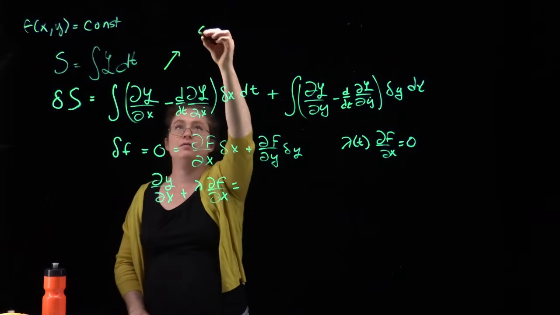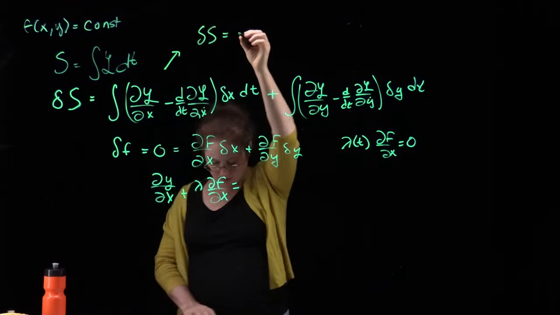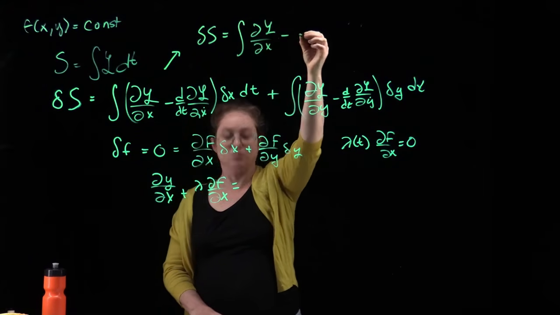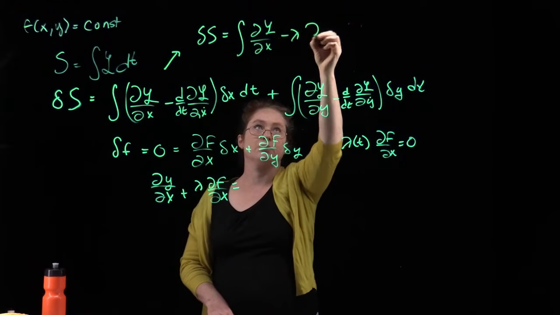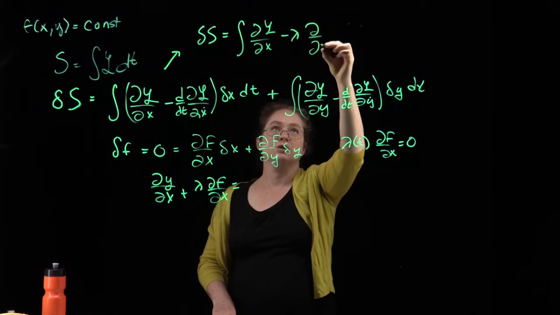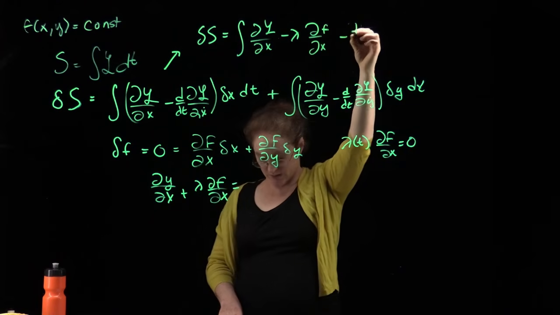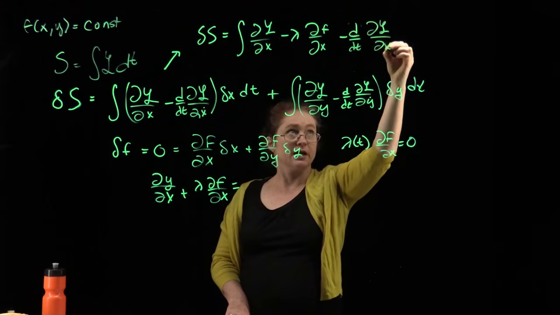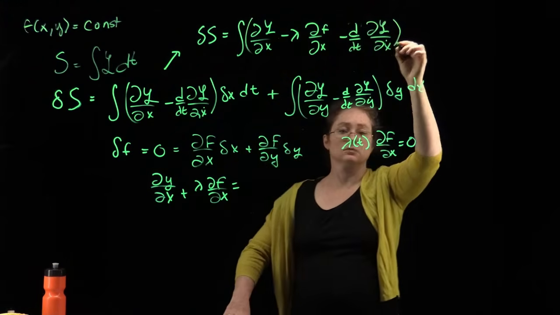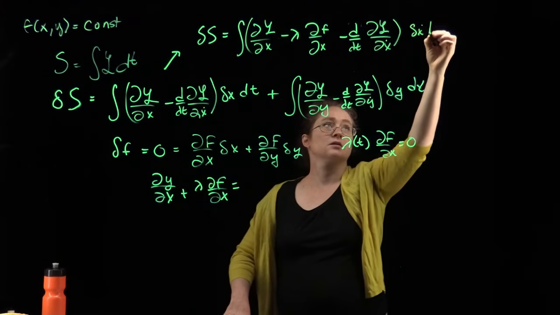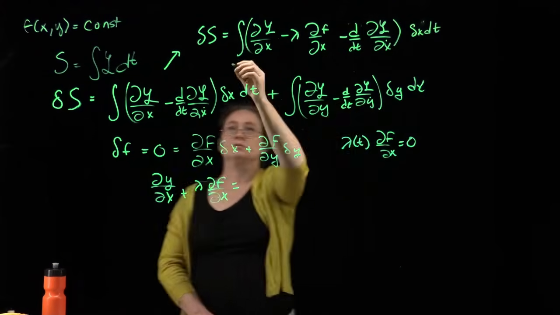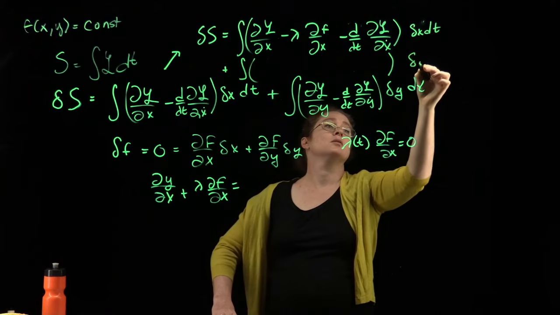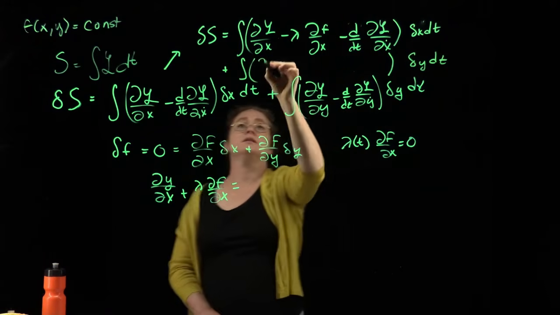So here we have delta S is partial L partial x minus lambda partial f partial x minus d/dt partial L partial x dot, delta x delta t, plus the exact same thing for delta y delta t.